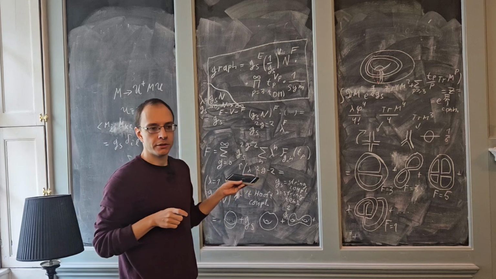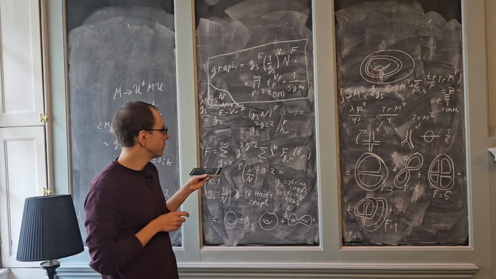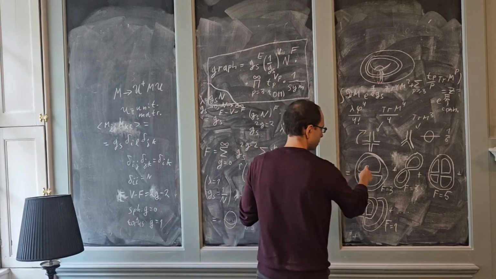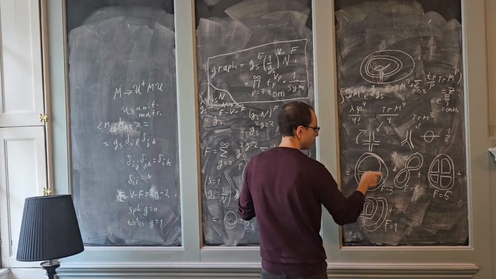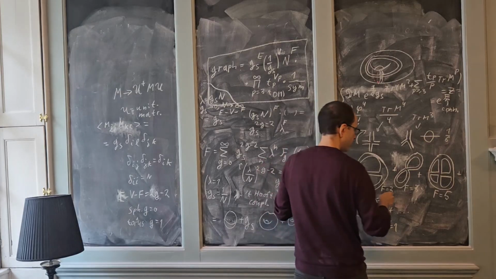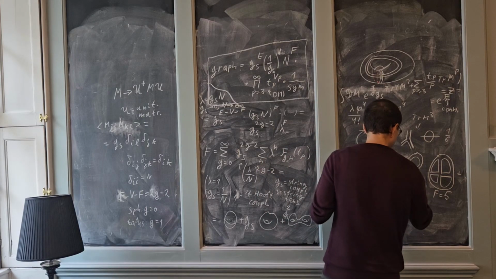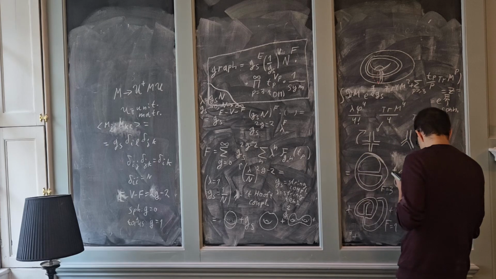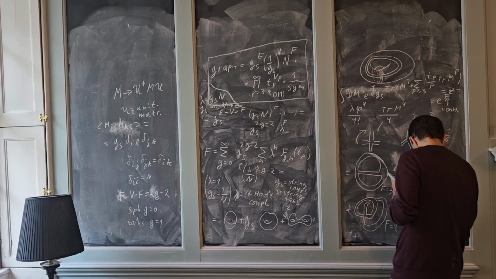Any questions here? I don't understand the first diagram here. The first one, this one? Yeah. Why is the outer circle there, and which indices are you trying to contract? Yeah, so this one would come from the following. If I take this, I have two triple vertices, two cubic vertices.